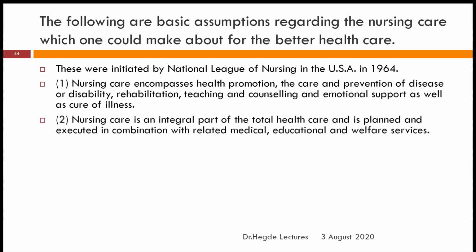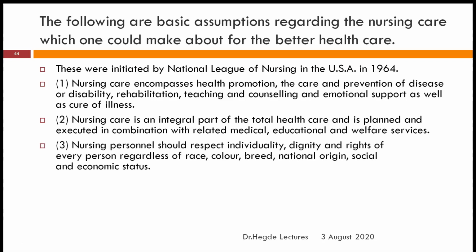Nursing care is an integral part of total health care and is planned and executed in combination with related medical, educational, and welfare services. Nursing personnel should respect the individuality, dignity, and rights of every person, regardless of race, color, breed, national origin, and social and economic status. The nursing department functions under the head of nursing.